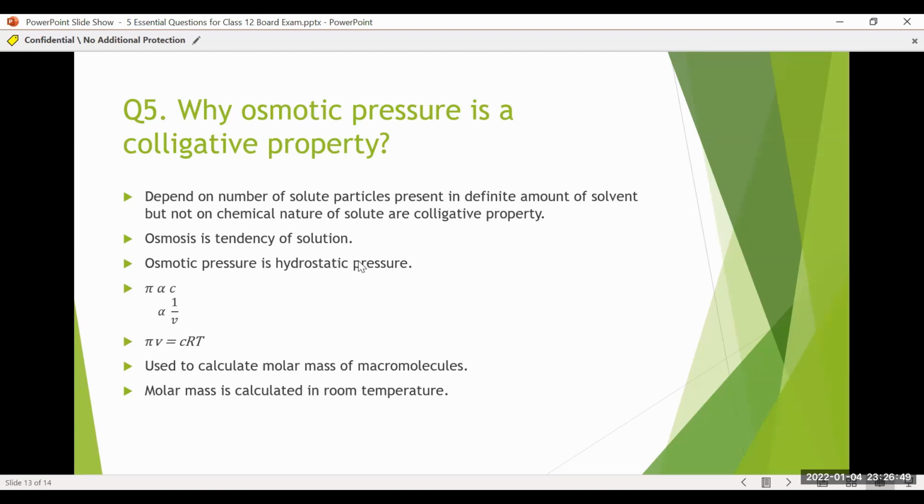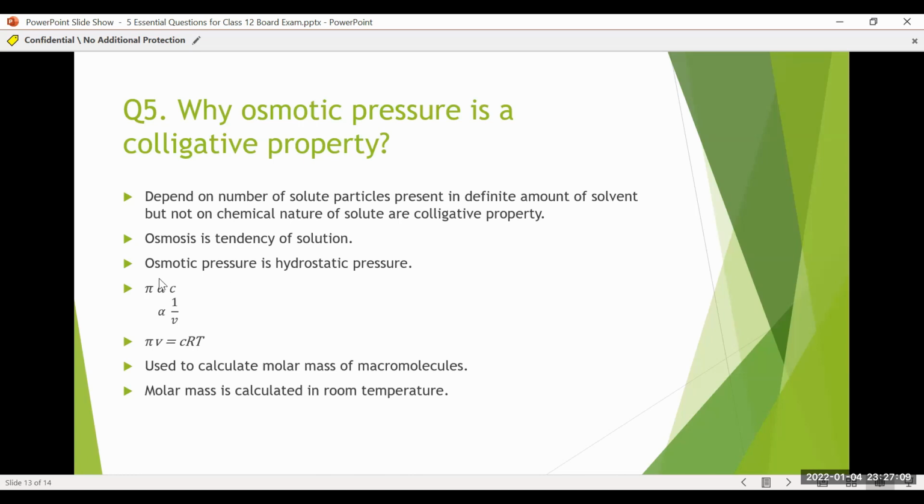To understand colligative property, we should understand on which factor this osmotic pressure depends. The osmotic pressure depends upon the molarity, or concentration expressed in moles per liter.